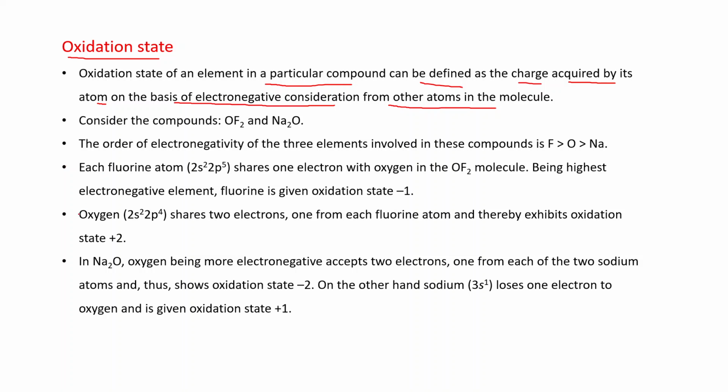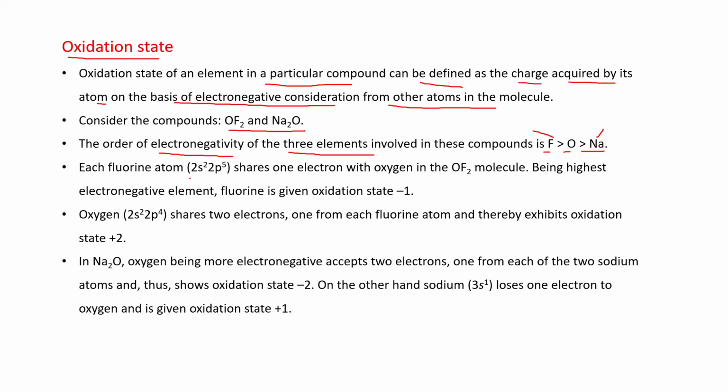Consider some examples like OF2 and Na2O. If we compare their electronegativity, the order of electronegativity of the three elements involved in these compounds is F, O, Na. F is the most electronegative and Na is the least electronegative of these three elements.